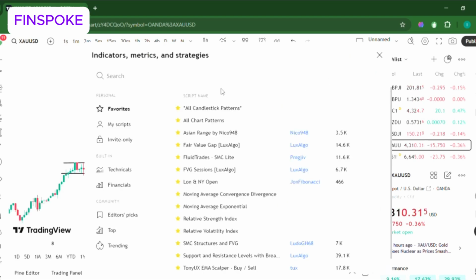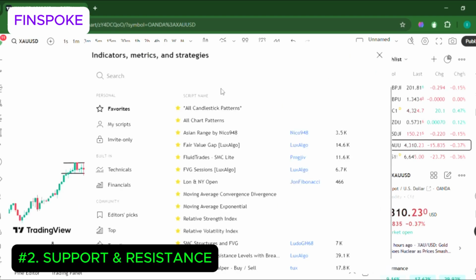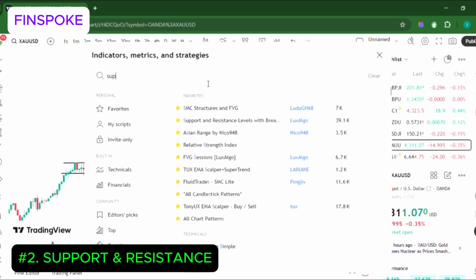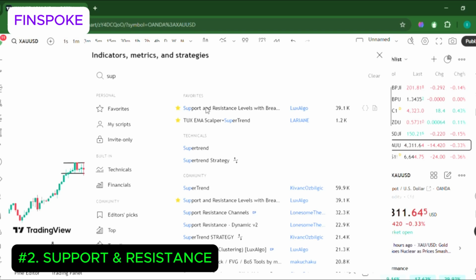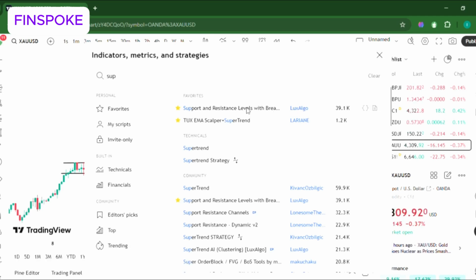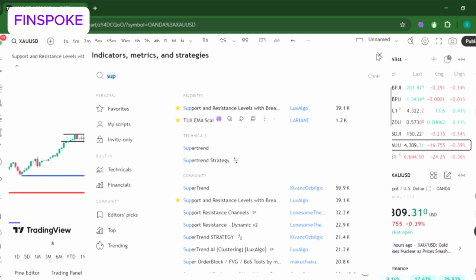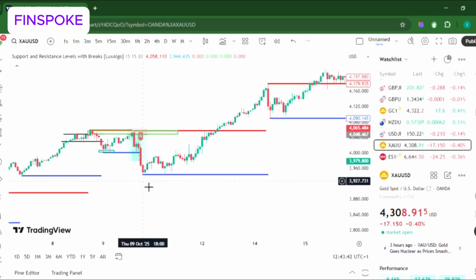The second indicator I use is the support and resistance indicator. I already marked it with a star. This is Support and Resistance Levels with Breakouts by Lux Algo. That's the one I use. You click on it and it appears on your chart.